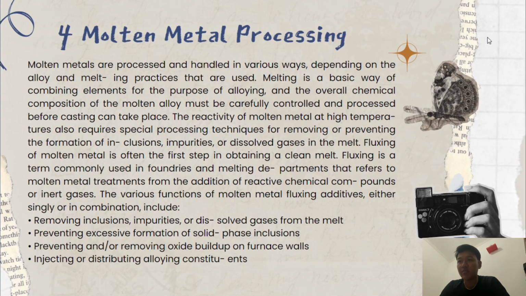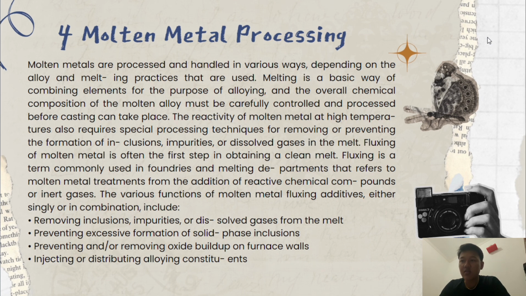4. Molten metal processing. Molten metals are processed and handled in various ways depending on the alloy and melting practice that are used. Melting is a basic way of combining elements for the purpose of alloying, and the overall chemical composition of the molten alloy must be carefully controlled and processed before casting can take place.